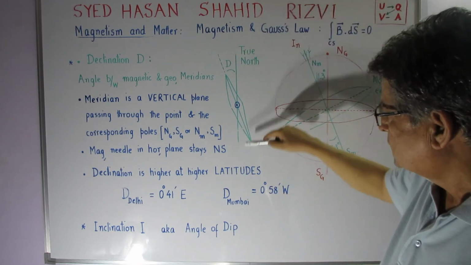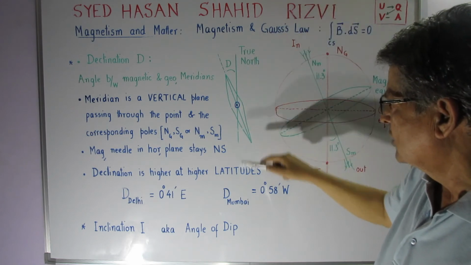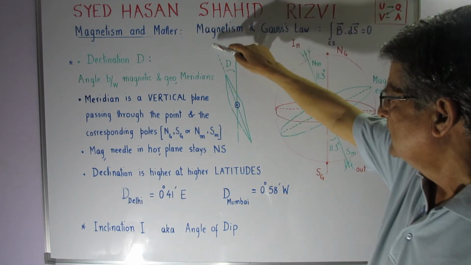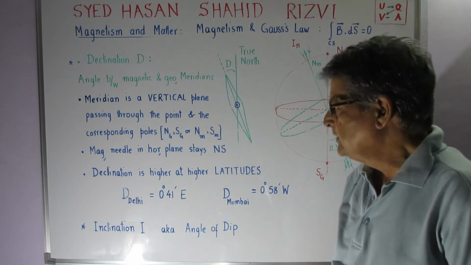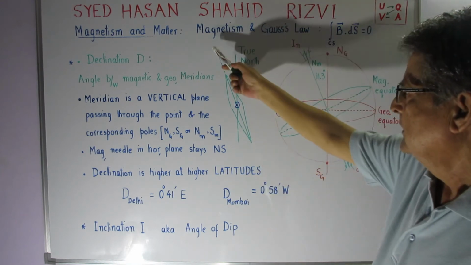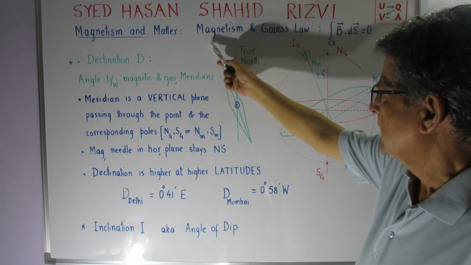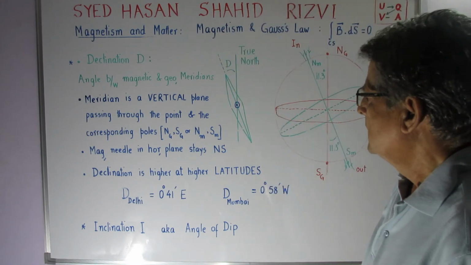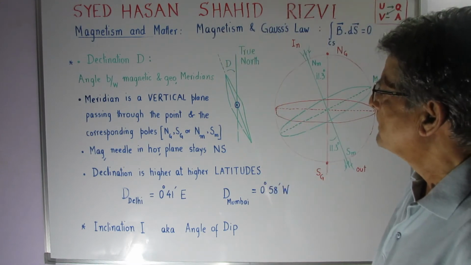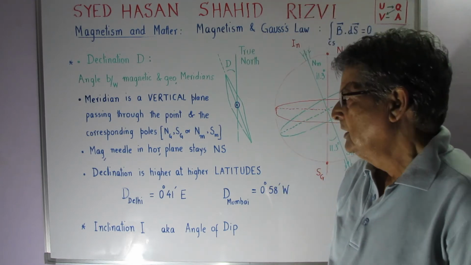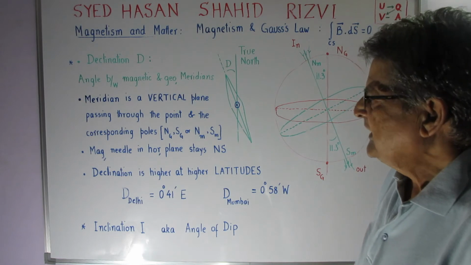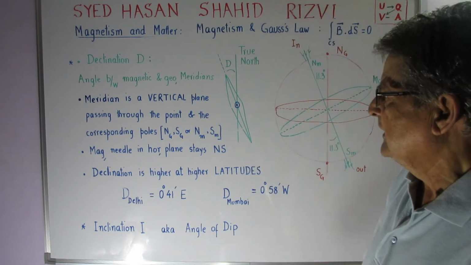So true north and true south are the geographic ones, and the needle is going to indicate the direction of the magnetic north pole and the magnetic south pole. There is an angle between the two of them, and this angle is called the angle of declination, or simply declination.